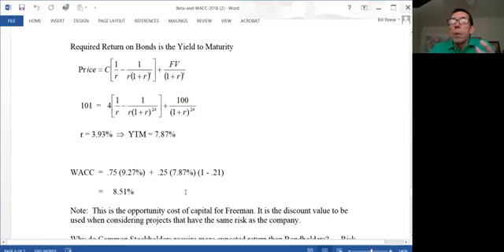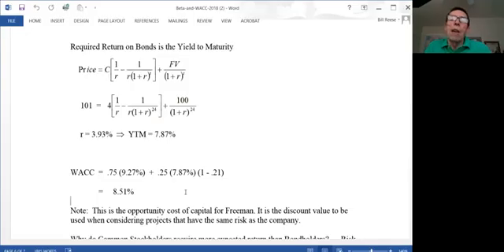So that's going to be the cost of capital. Okay, it's a weighted average cost of capital. It's going to be the cost of capital that Freeman will use in evaluating projects that are of the same level of risk as other projects that Freeman has been doing.